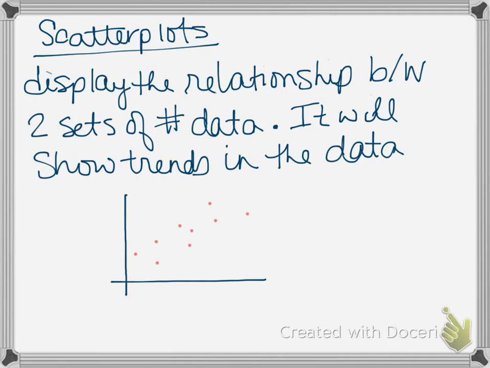So for example, if we were to pass a book down a line or do the wave and time ourselves, then we could maybe compare the number of students to the time in seconds. So you can see here that depending on how many students are in the line, it's going to take a different amount of time, but that may not be a completely straight line.